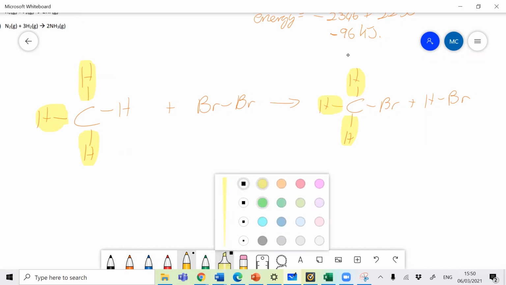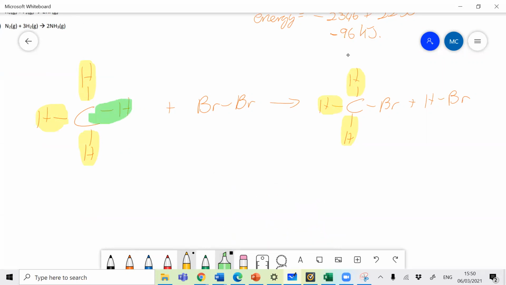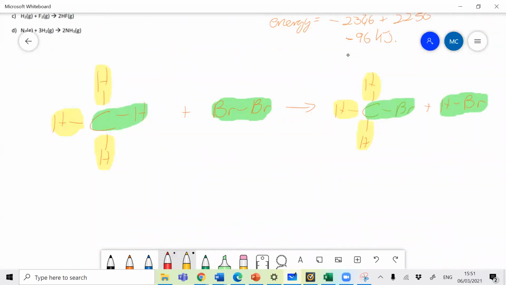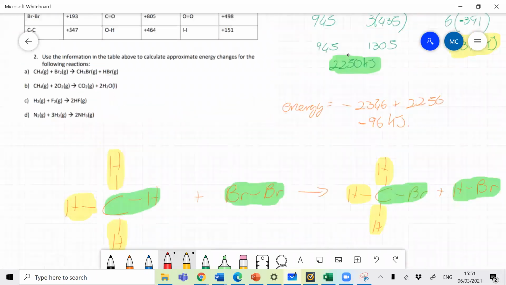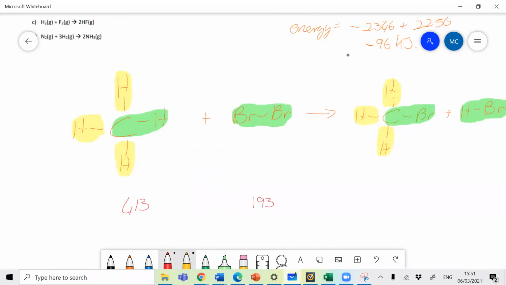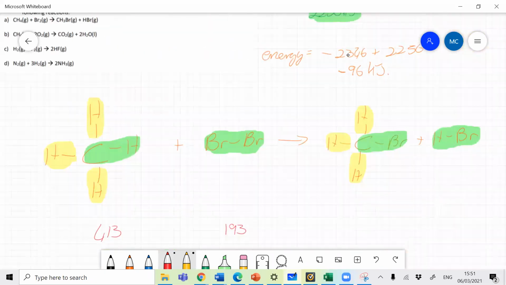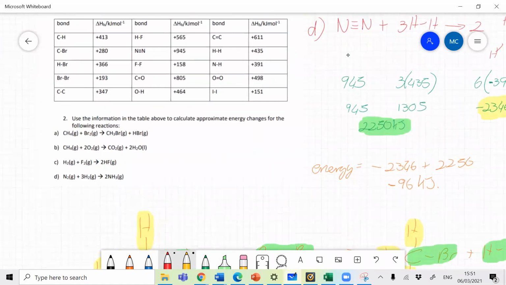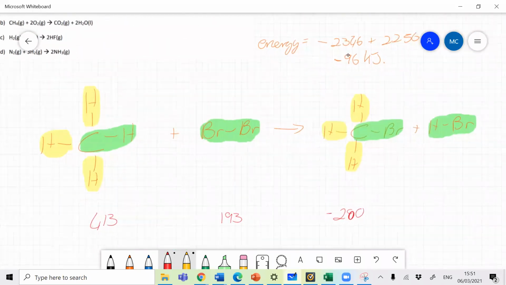So in fact, we can see that you are only breaking one carbon-hydrogen bond, one bromine-bromine bond, and then we're making one carbon-bromine bond and one hydrogen-bromine bond. And in fact, if we were to use these values here, it would be 413 for the carbon-hydrogen bond. The bromine-bromine bond is going to be 193. Okay, the carbon-bromine bond is 280, and the HBr is going to be 366.